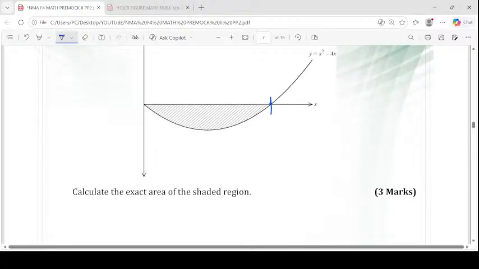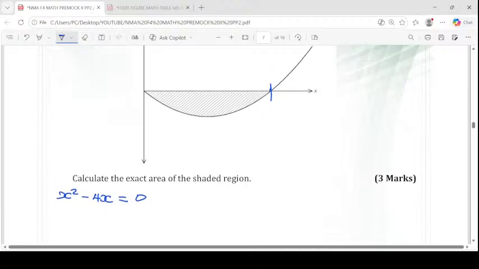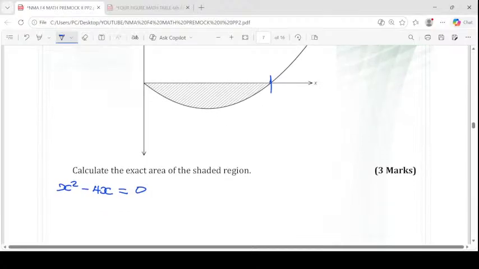So when I have x squared minus 4x being equivalent to 0, I can factor out x.